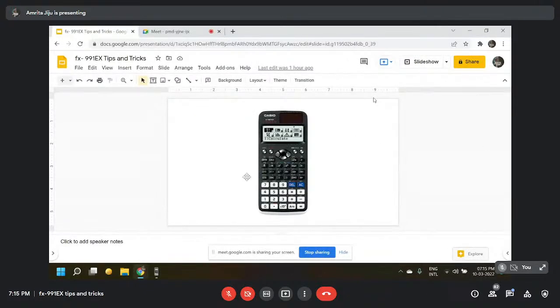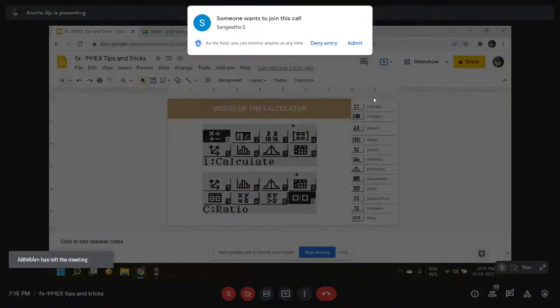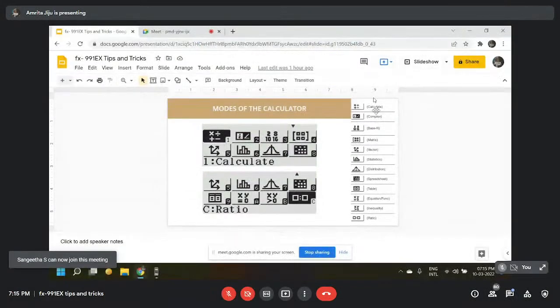So this is the basic look of the calculator. This calculator has almost 9 plus 3 modes, which includes basically the calculating mode, the basic calculator where we do normal operations such as addition, division, subtraction, multiplication, root, etc. The second is complex numbers.